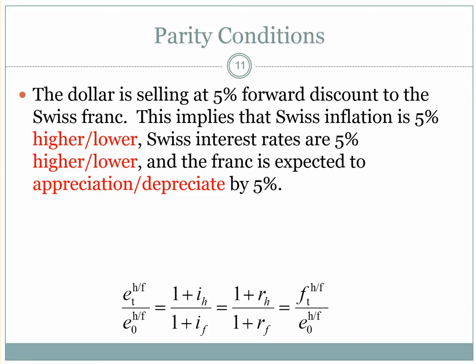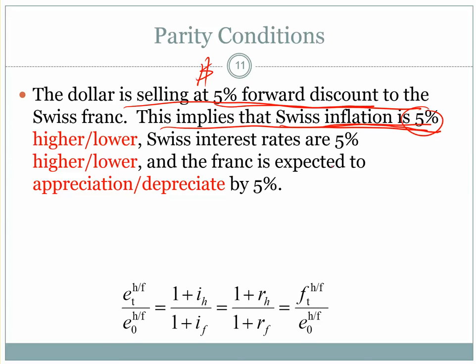Say the dollar is selling at a 5% forward discount to the Swiss franc. This implies that Swiss inflation is 5% higher or lower.